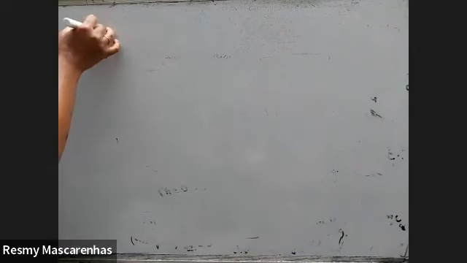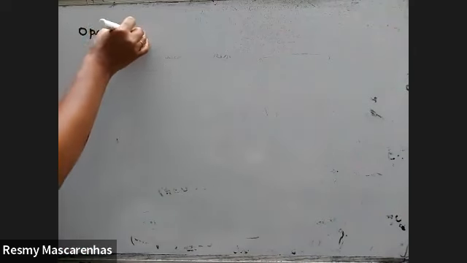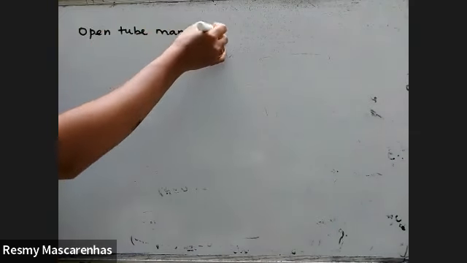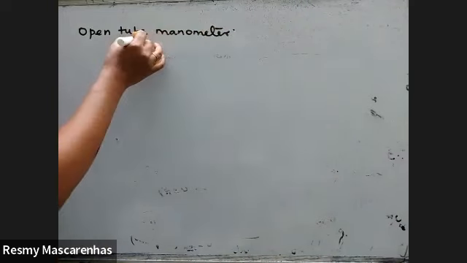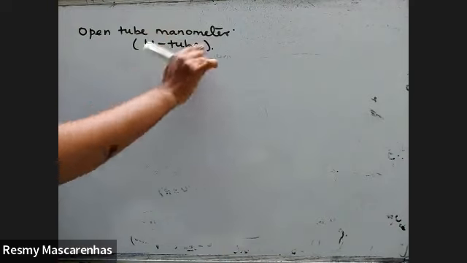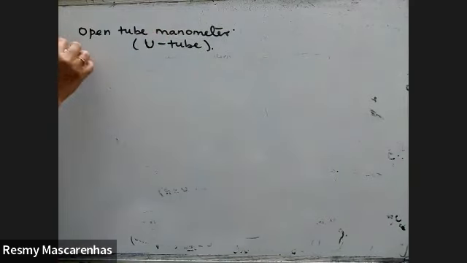Next one is an open tube manometer, also called a U tube, because of the shape U. So what is this used for?